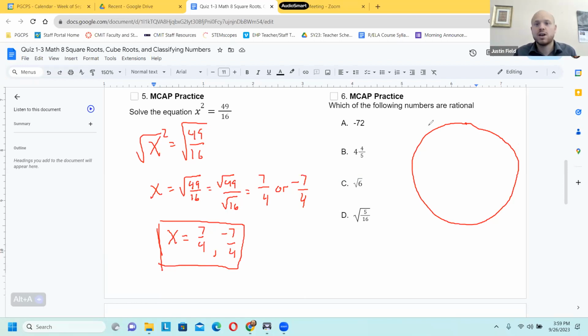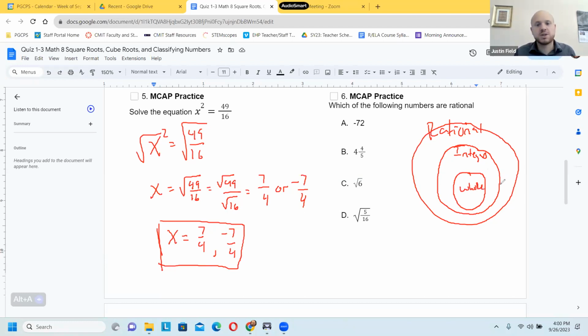So here you go. We have a big circle of numbers called rational numbers. Anything that can be written as a fraction, right? Within those rational numbers, we have a smaller circle called the integers. That's the positives and the negatives. And then within the integers, we have a smaller group called the whole numbers.